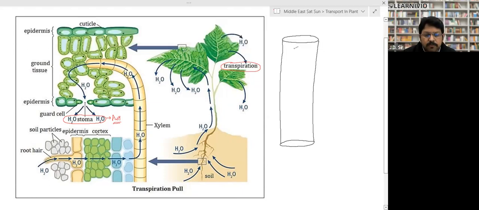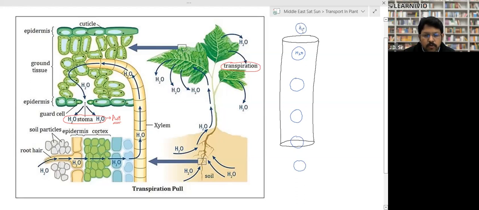So inside the xylem, there are water molecules, right? This is one water molecule, this is another, and this is another. The water molecules attract each other with the help of a force.